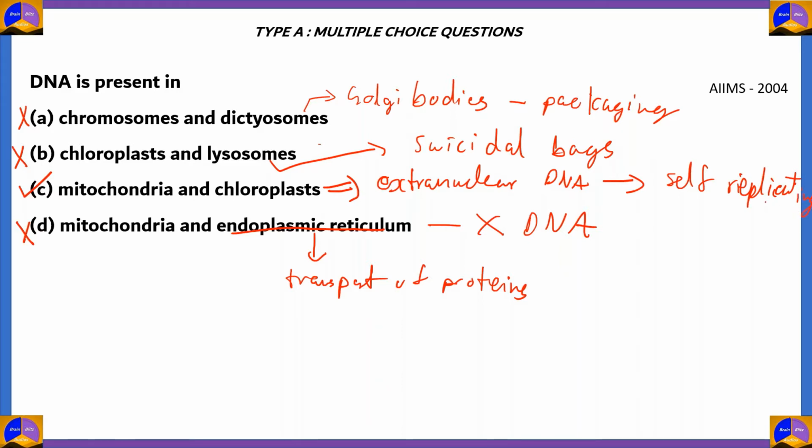So therefore, they have their own DNA. And that's why they are self-replicating. They also have 70S ribosomes inside them. Therefore, option C, mitochondria and chloroplasts, is the right answer.